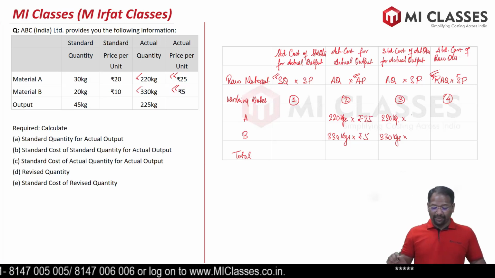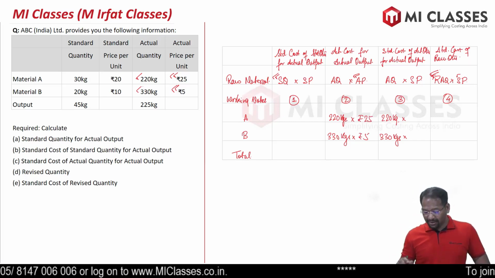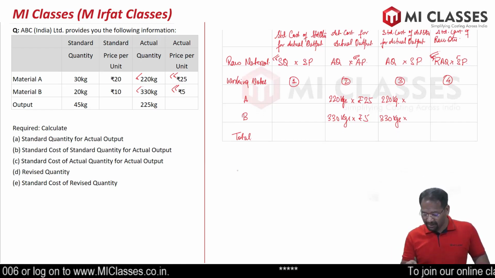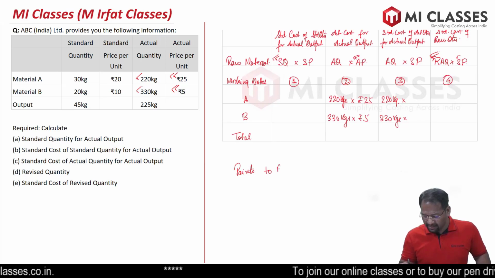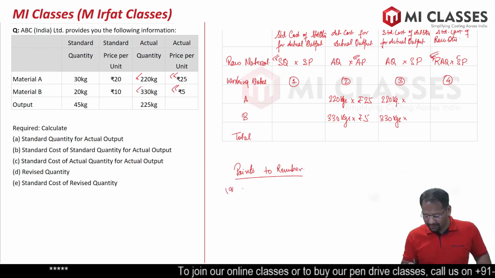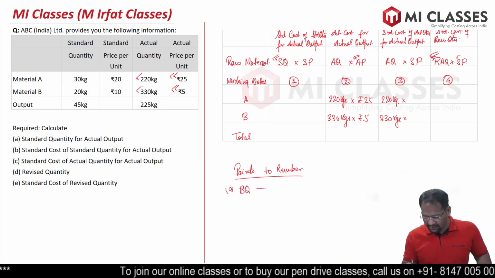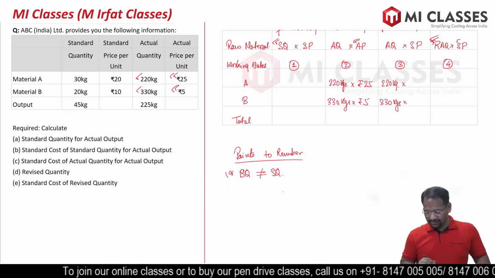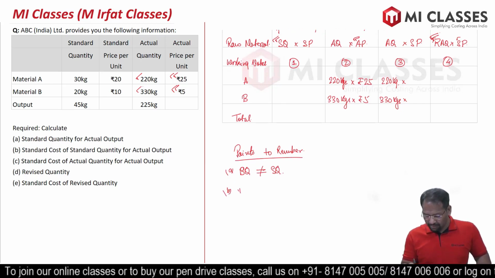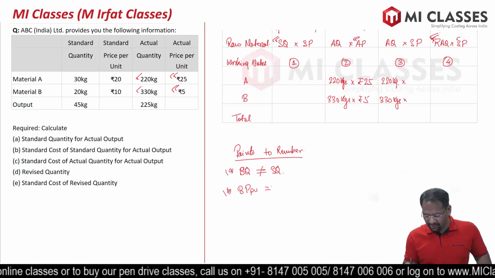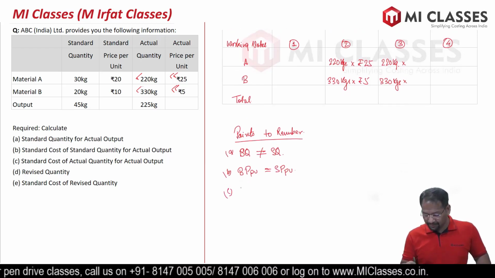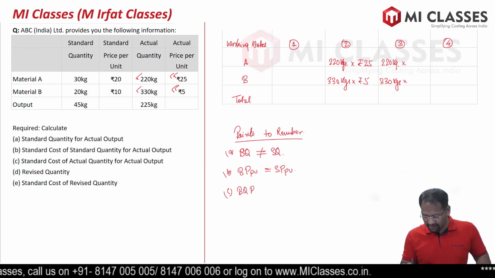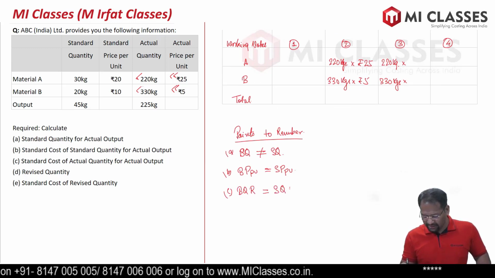Here standard price. If you remember points to remember, I hope you remember all the points to remember. I will write it again and I will keep writing every time till you remember it perfectly. Points to remember. Point number 1. Budgeted quantity is not equal to standard quantity. Point number 2. Budgeted price per unit is equal to standard price per unit. Point number 3. Budgeted quantity ratio is equal to standard quantity ratio.